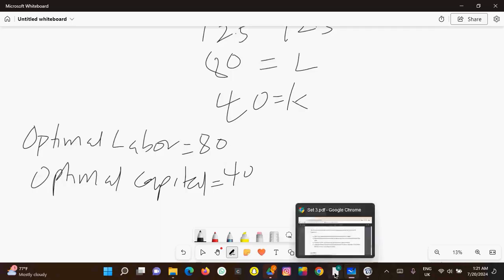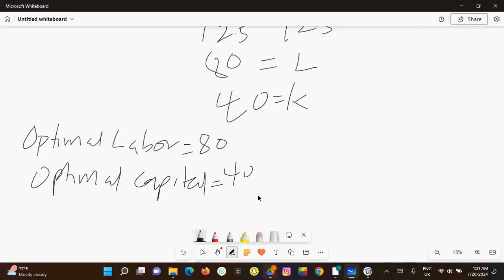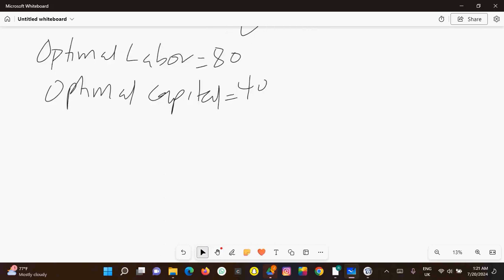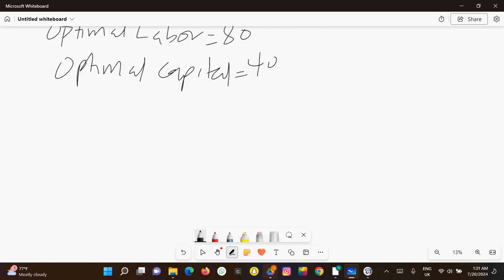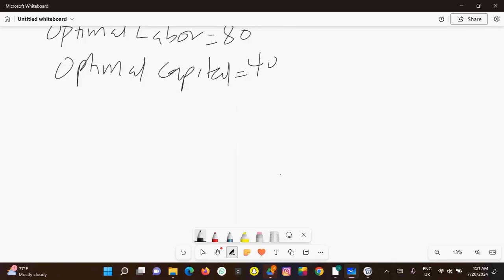Now the question says to calculate the firm's total profit at the optimal level. We know that profit equals total revenue minus total cost.